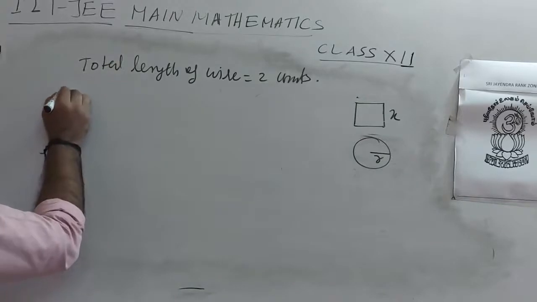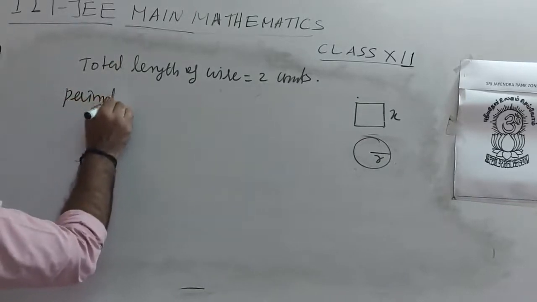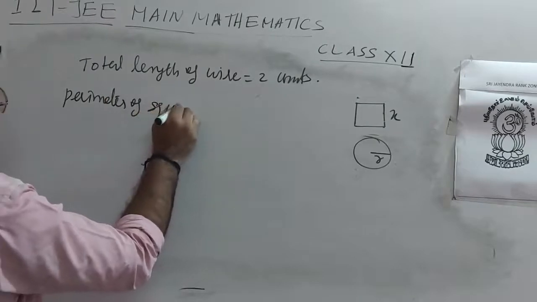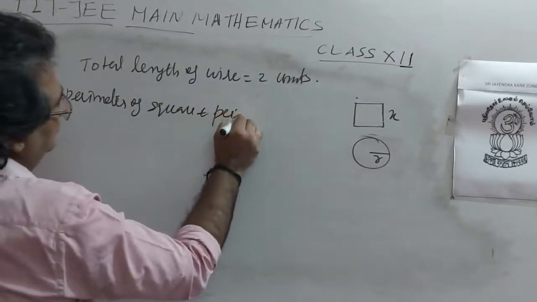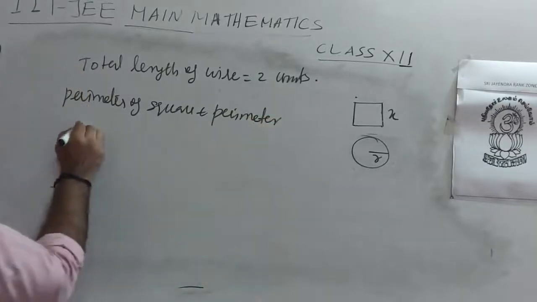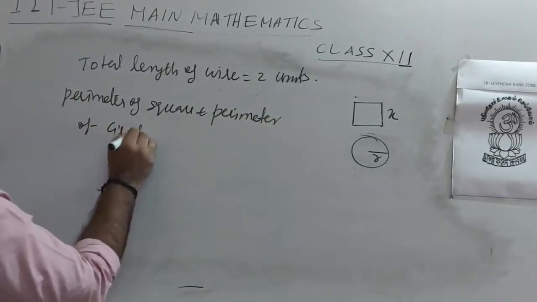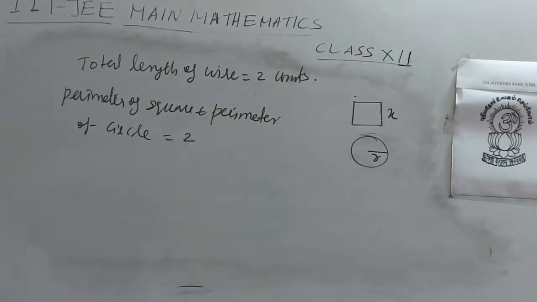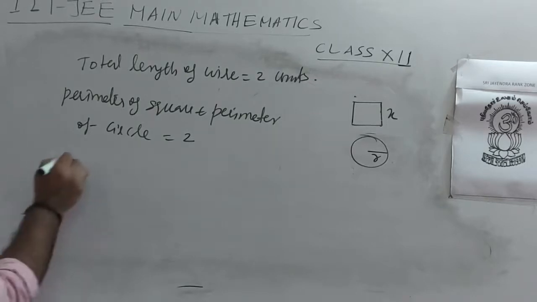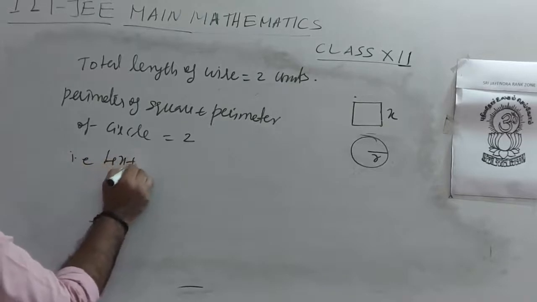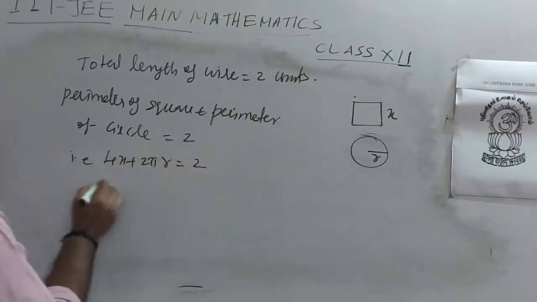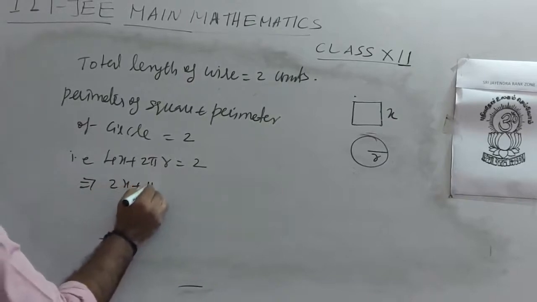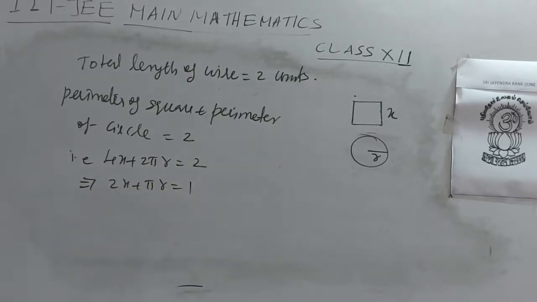So perimeter of square plus perimeter of circle equal to 2, that is 4x plus 2 pi r equal to 2, which implies 2x plus pi r equal to 1.